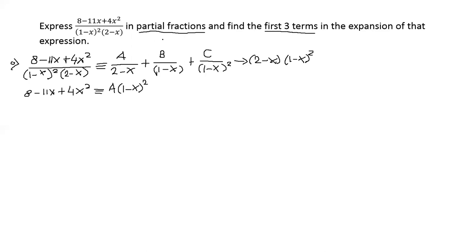This term, if multiplied with this term, becomes b times 2 minus x times 1 minus x. And this term, times this term, becomes c times 2 minus x.